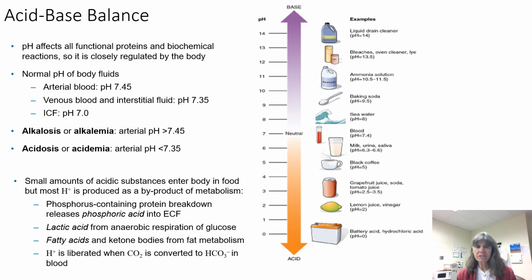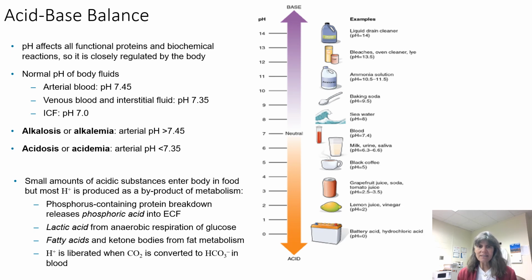If the arterial pH rises above 7.45, that creates a condition known as alkalosis or alkalemia in the blood. If arterial pH falls below 7.35, that condition is known as acidosis or acidemia.